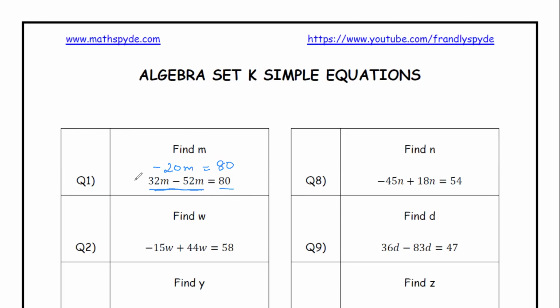So I can divide both sides by 20. 20 goes into 80 4 times. Therefore, negative m is equal to 4.